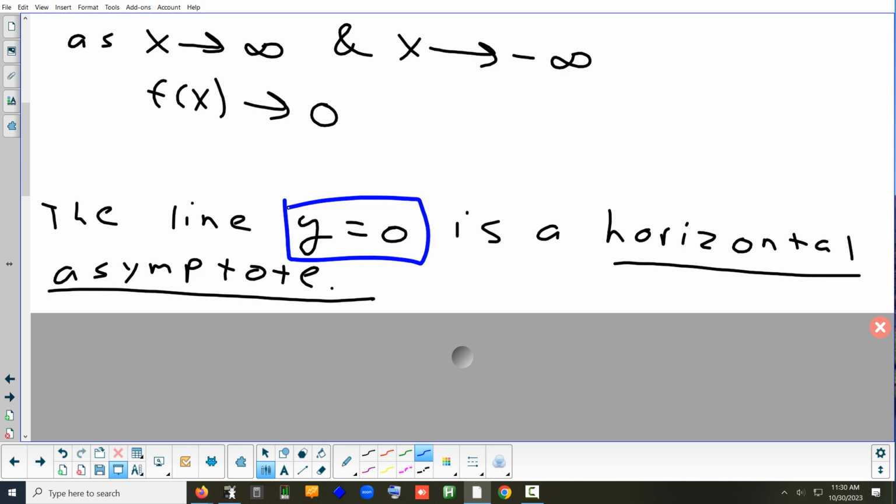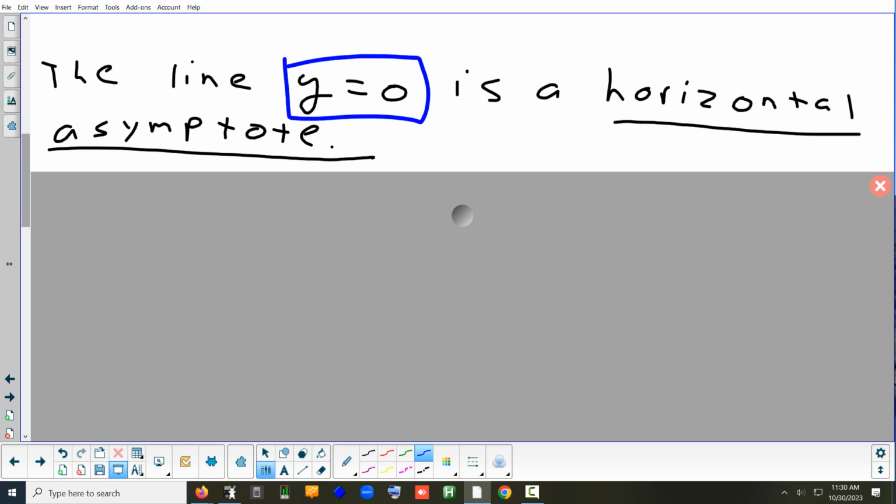Specifically, a horizontal equation always has y equals and then a number. That's the equation of a horizontal. Vertical is different. It's still an equal sign, but it's not going to be a y. It'll be a different line. But a horizontal asymptote is y equals and then a number.